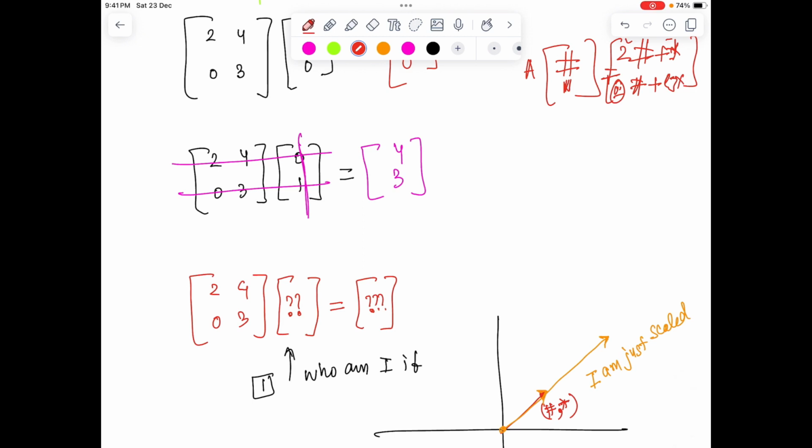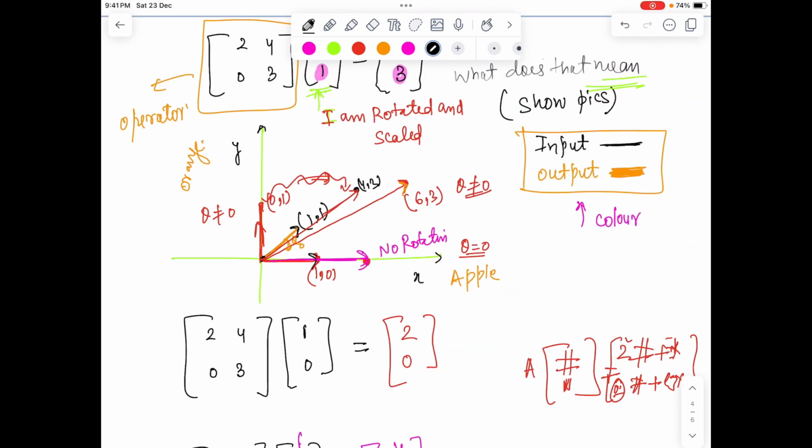Anyway, now here is a big question. Let's say I'm interested in all the family members of those apple and orange pairs which do not suffer any rotation. So we want only a scaling of the orange and apple pair. No rotation should be there. One such answer, as you must have noticed, is 1 comma 0.